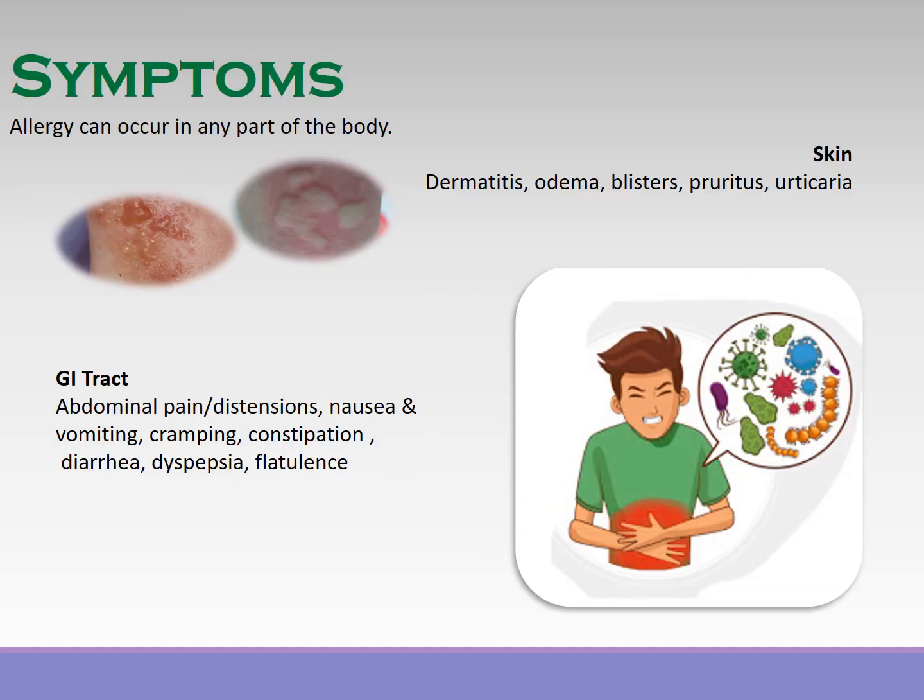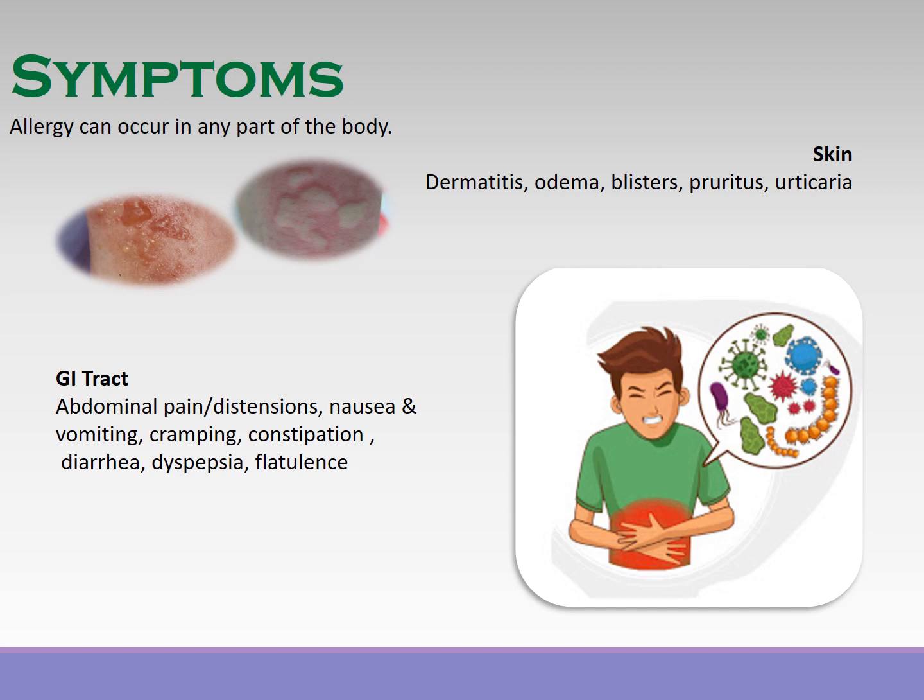Next we are going to see the symptoms of food allergy. Food allergy can occur in any part of the body and the symptoms can also show in any part of our body. Whenever a person accidentally comes across a food which is allergic to him, he may show systemic symptoms.